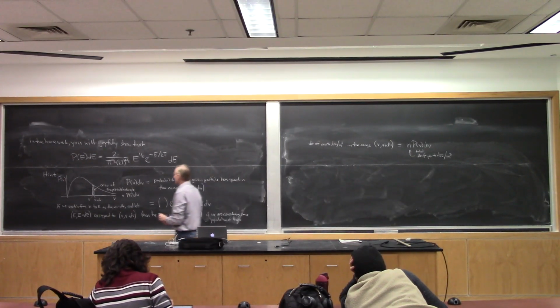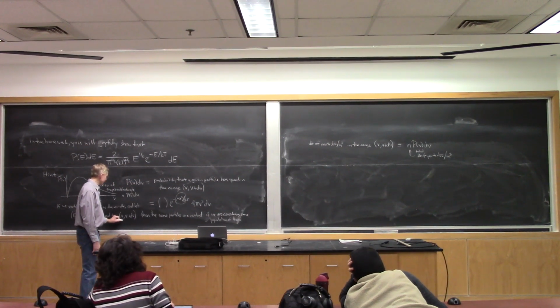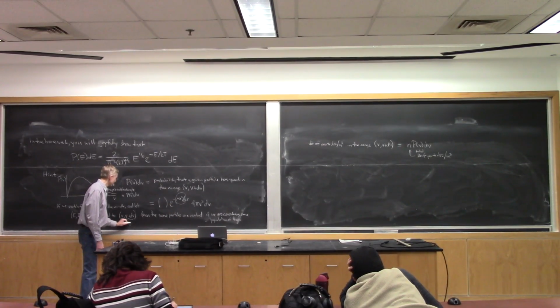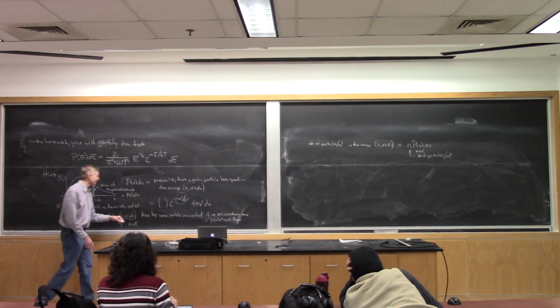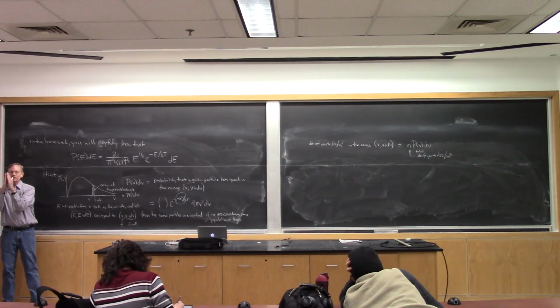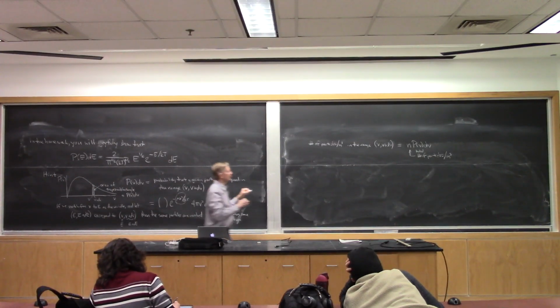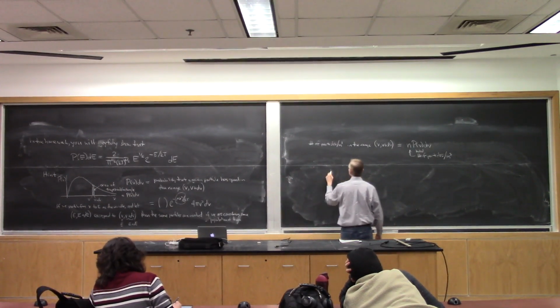If then we just say, okay, what energy corresponds to V, and what energy corresponds to V plus dV, and call that energy E plus dE, the corresponding range of energies for that range of velocities, it's the same particles we're talking about, and so it must be the same number per cubic meter.